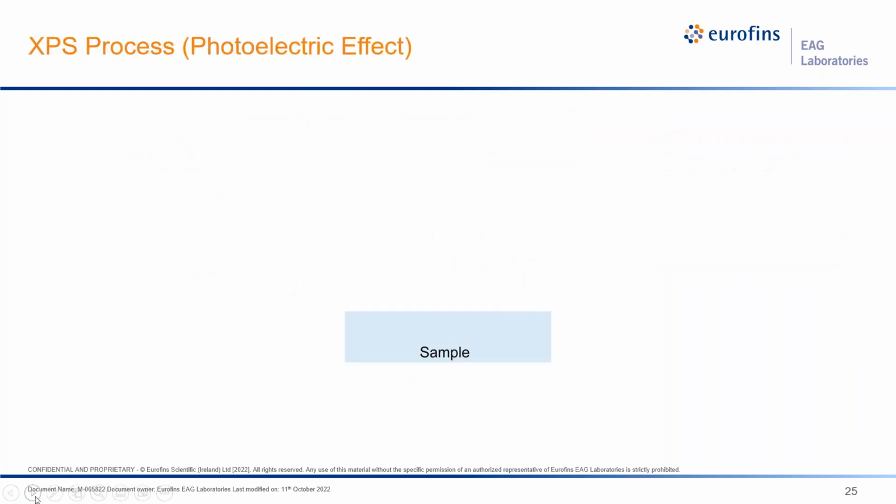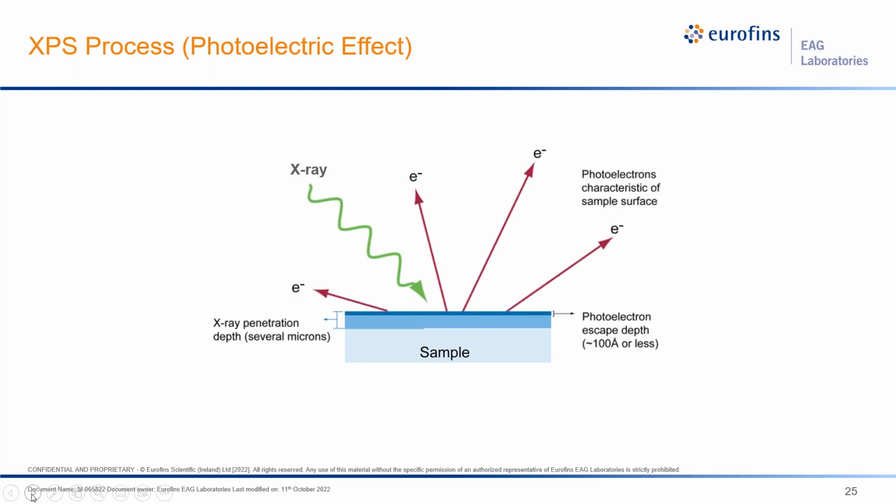The XPS technique is based on the photoelectric effect. So an X-ray beam falls onto the surface and generates photoelectrons as far as it can reach, and it can go down for several microns, but only those photoelectrons generated in the top 100 angstroms or even less can go out of the sample and be detected by the spectrometer.